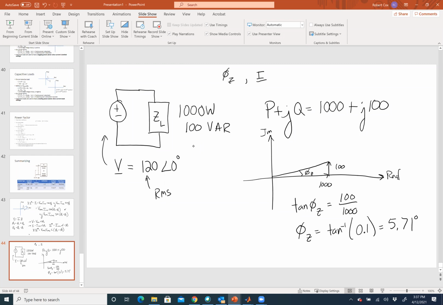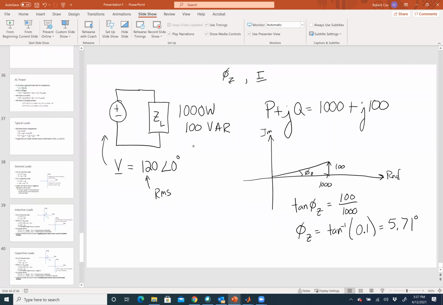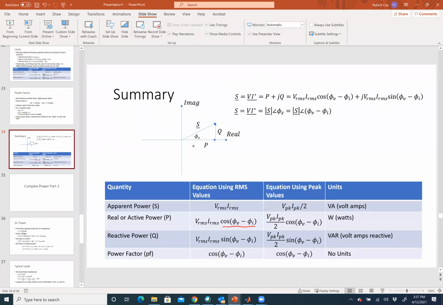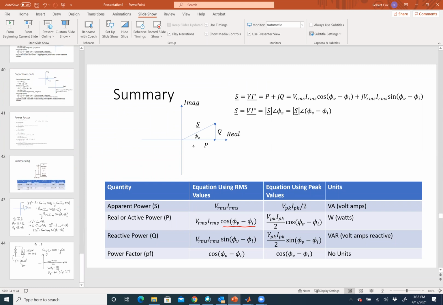Well, let's go to the formula sheet that we had there. If I go up to my summary slide right here, the apparent power is the magnitude of S, VRMS times IRMS. And I know enough to calculate the magnitude of S, don't I? Because I know P plus JQ.